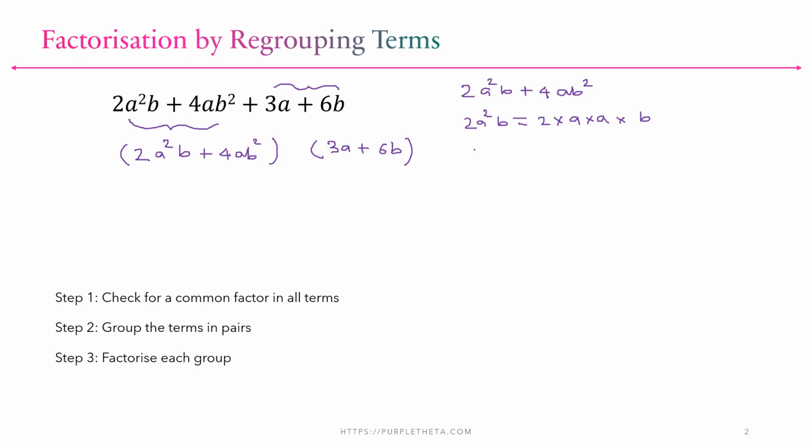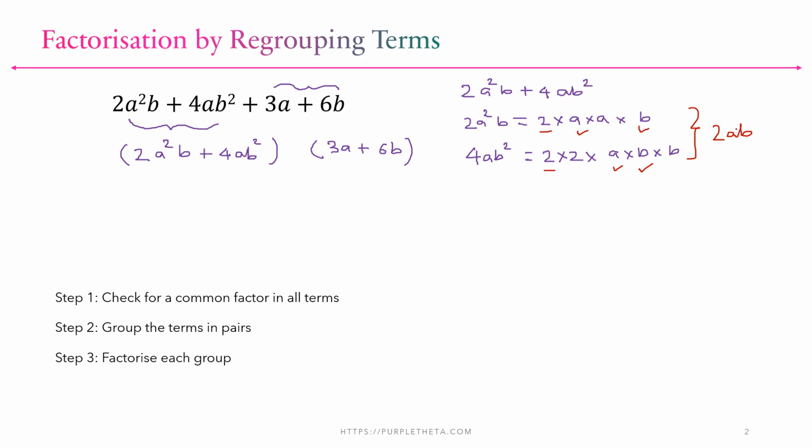And 4ab square can be written as 2 multiplied by 2, then multiplied by a, then multiplied by b and b, right? Here I can see 2 is common in both the terms, then a is common, and then b is common in both the terms, right? So the common factor in both the terms is 2ab, right?